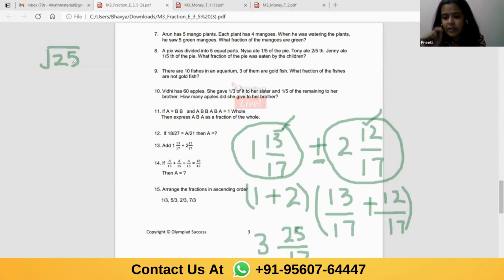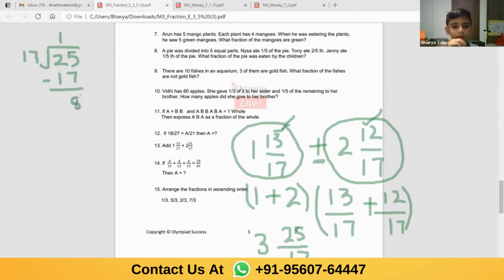Correct? Yes, ma'am. Let me simplify it further. 17 ones are 17. So what am I left with? What is my remainder? Is it 8? Yes, ma'am. So if I write this as a mixed fraction, how will I write? 1, 8 upon 17.